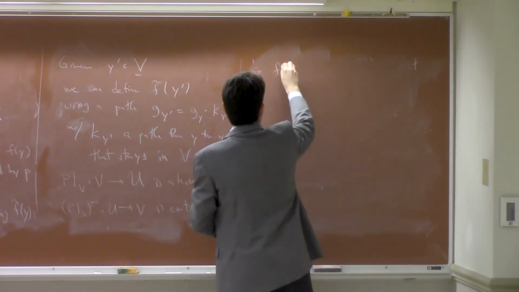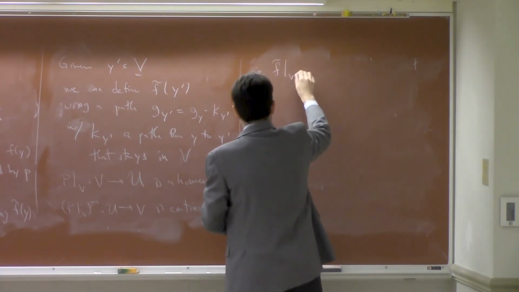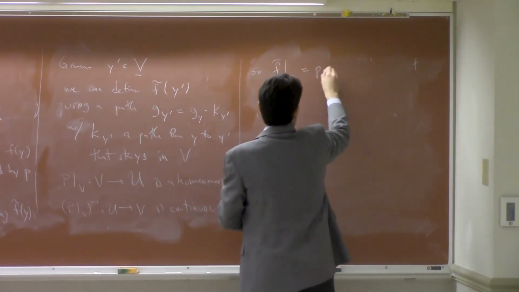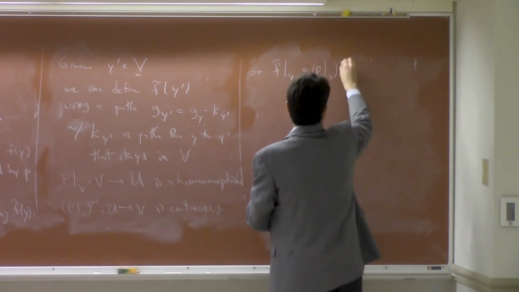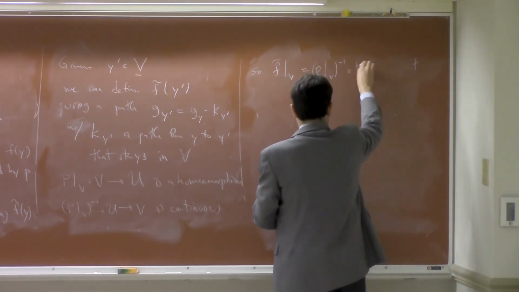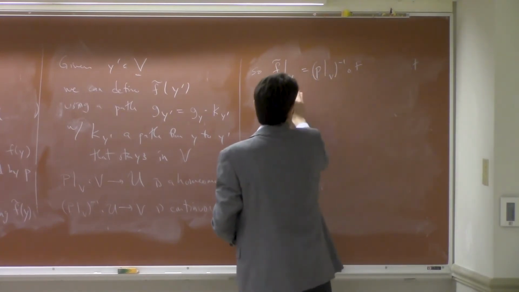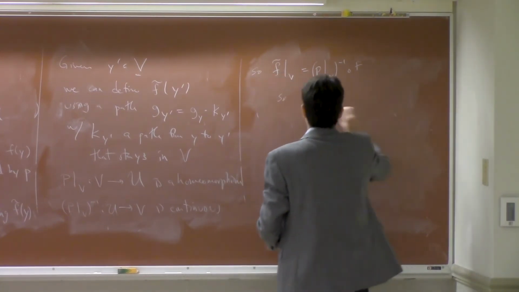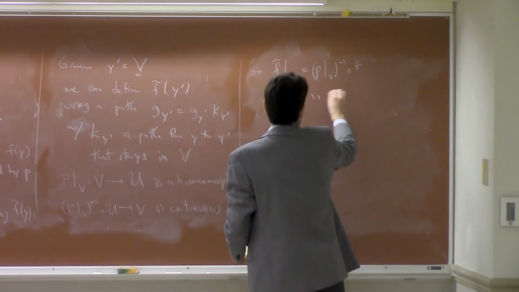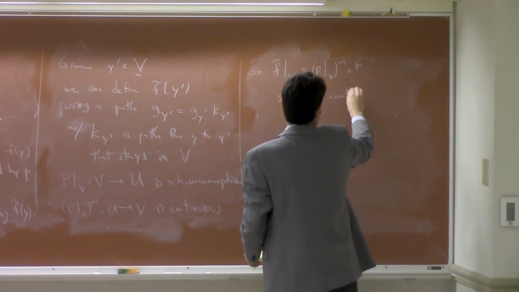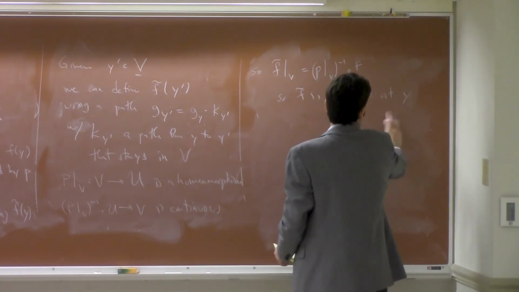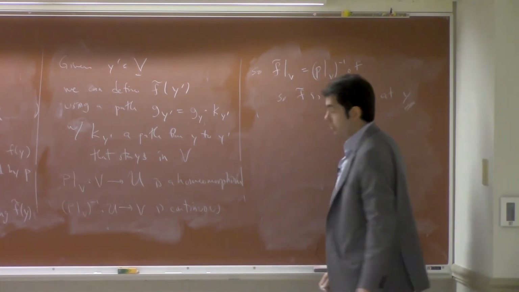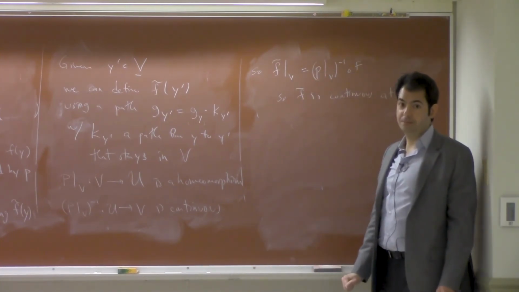So in fact, you can see that F tilde restricted to V is just P restricted to V inverse composed with F. So F tilde is continuous at y. And since y was arbitrary, F tilde is a continuous map.